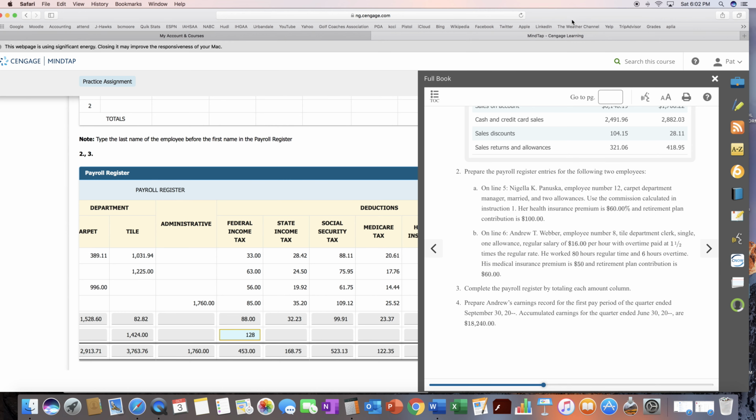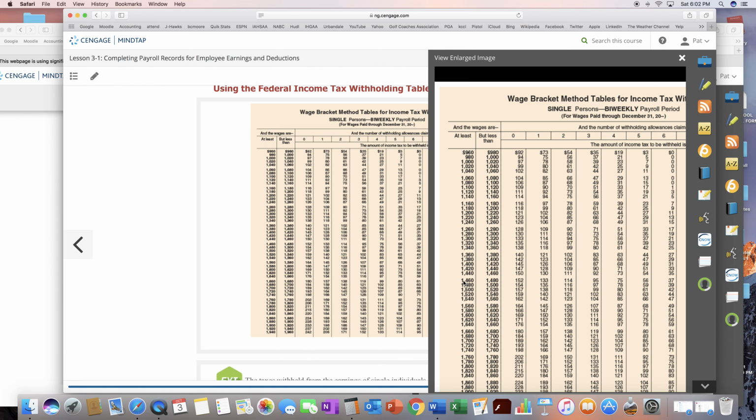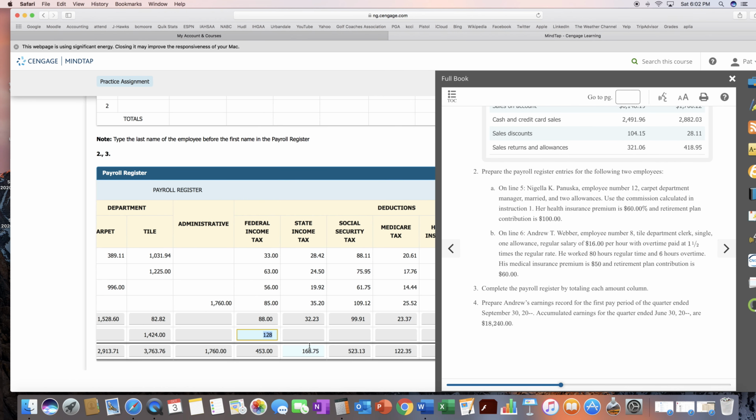And again, if you didn't see that, I guess I went pretty quick. We take the 1,424 number, so it's at least this, but less than that. We're in the single chart, and we go over to one allowance, 128. Okay? So that's why we put that there. State income tax.